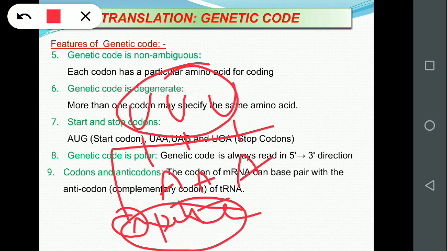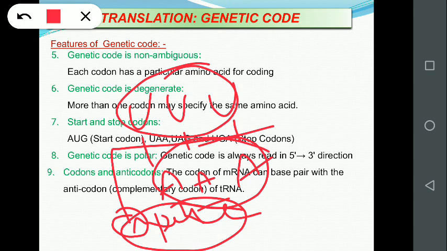How is the relationship between UUU and phenylalanine established? That is because of the presence of tRNA, which recognizes UUU by its anticodon AAA, that is complementary to the codon.